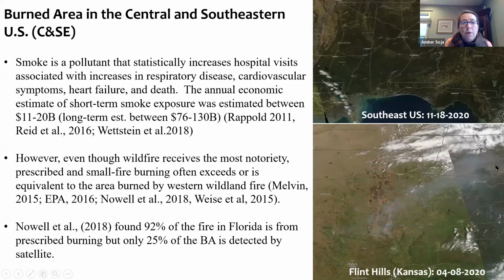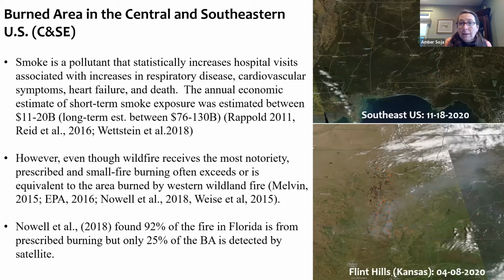So we know that smoke is a pollutant that results in respiratory diseases, cardiovascular symptoms, heart failure, and death. That's a known. And we know that fighting fire and the cost to real estate is in the billions. It's very expensive. And air quality and health costs rival those costs, and in some years are greater than those costs.